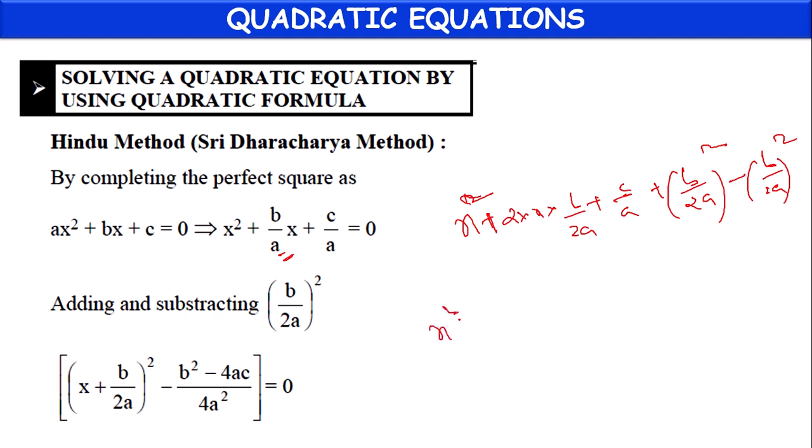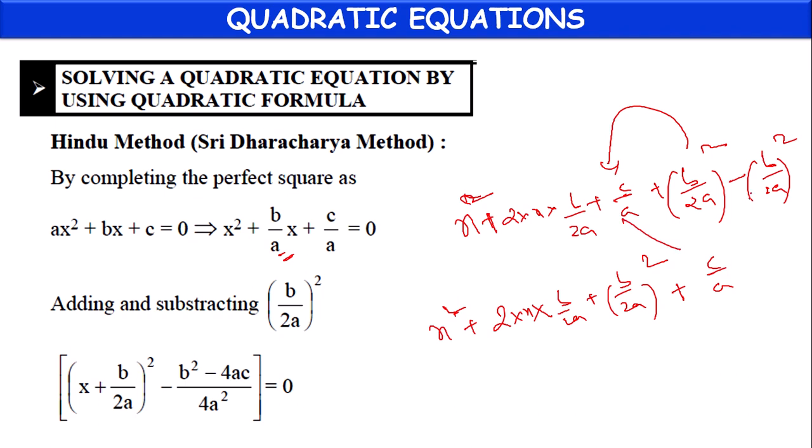So x square plus 2 into x into b by 2a, plus b by 2a whole square, plus c by a which is remaining, and minus b by 2a whole square. These two are remaining.